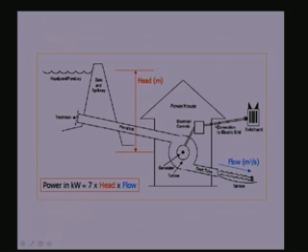Roughly you will see the power in kilowatts is of the order of 7 into the head into the flow of water in meter cube per second. This would be the general scheme of a hydroelectric power generating system.